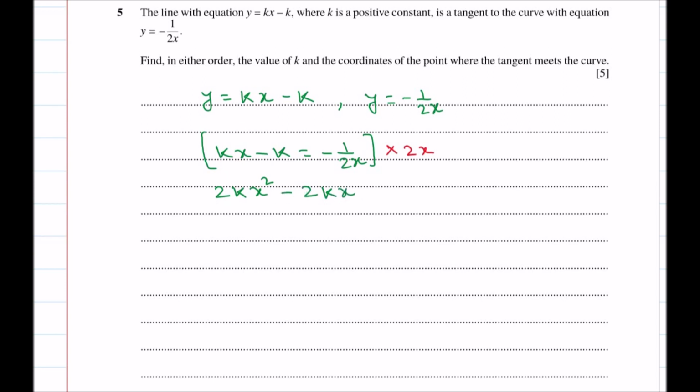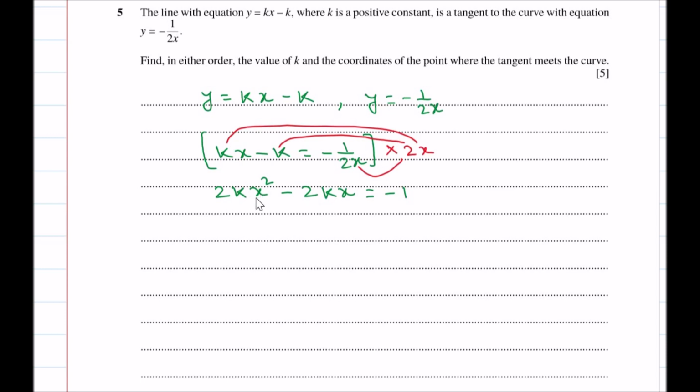You are multiplying this with this, then this with this. So we got minus 2kx, and if you multiply minus 1 by 2x into 2x, we get minus 1, because 2x in the numerator and in the denominator are cancelled out.